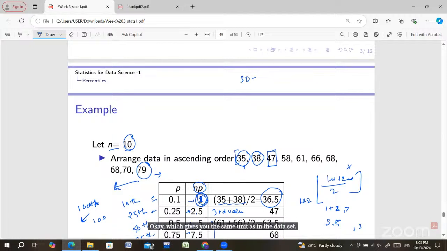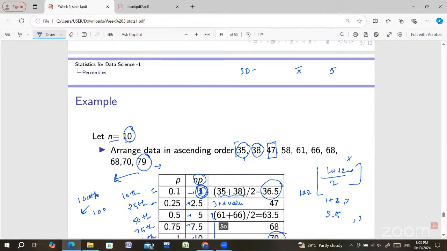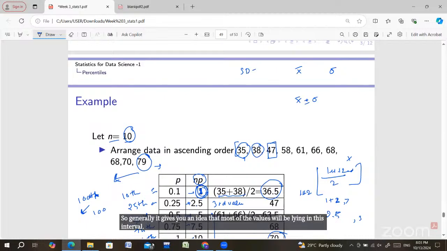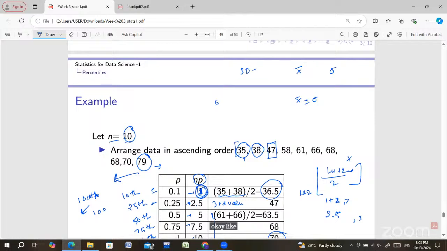Suppose this is your mean and this is your standard deviation. Generally it gives you an idea that most of the values will lie in this interval. Like suppose x bar is 60 and sigma is 10. Then you can say that most of the values will lie in this part, like 50 to 70. This is the standard deviation, not variance.